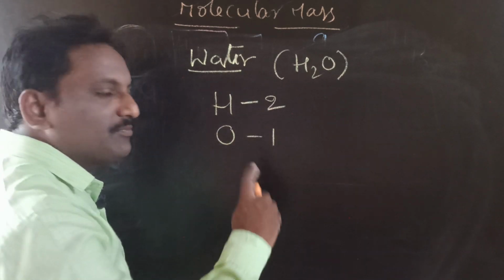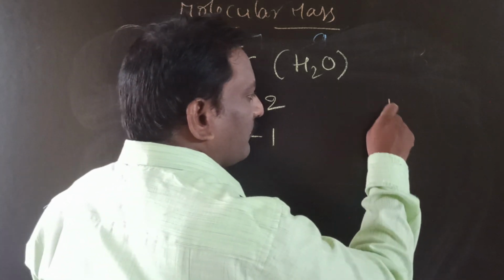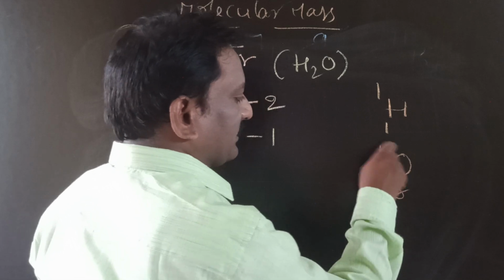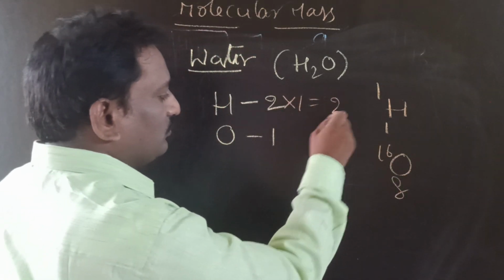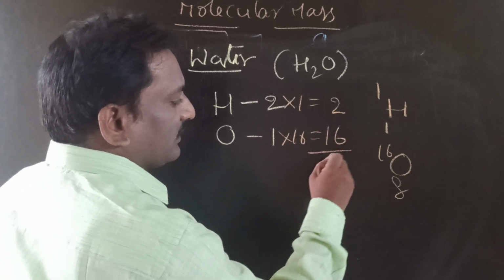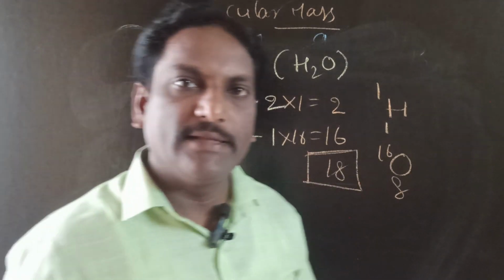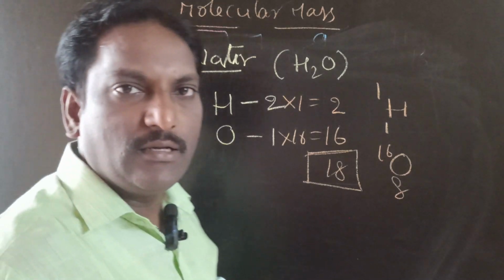These numbers must be multiplied with their atomic masses. Hydrogen: atomic number 1, mass number 1. Oxygen: 8, 16. Multiplying, 2 times 1 is 2, plus 16, you get 18. 18 is the molecular mass of water. In this way we need to calculate molecular mass.